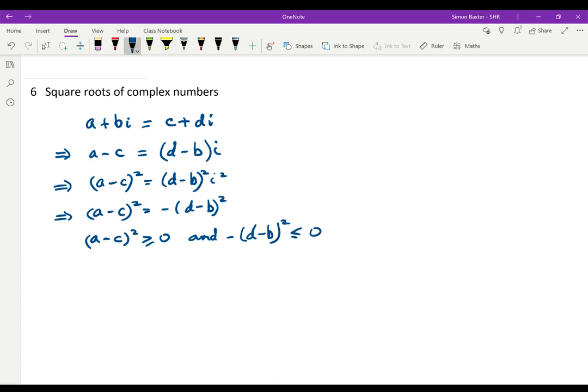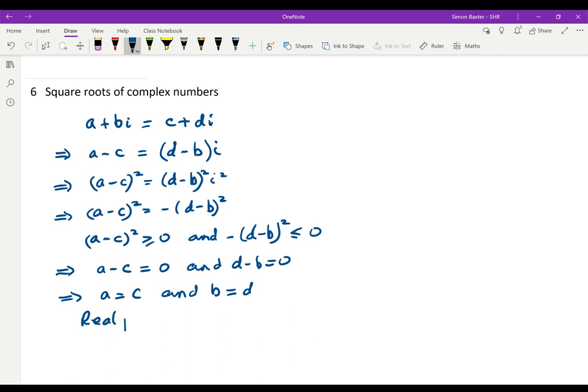Well, the only way that can happen, if the two are equal, is if they are both equal to 0. If a minus c is 0 and d minus b is 0, in other words, a equals c and b equals d. So we have, as we thought would be nice, real parts are equal.